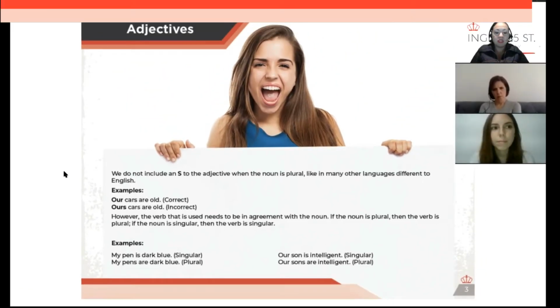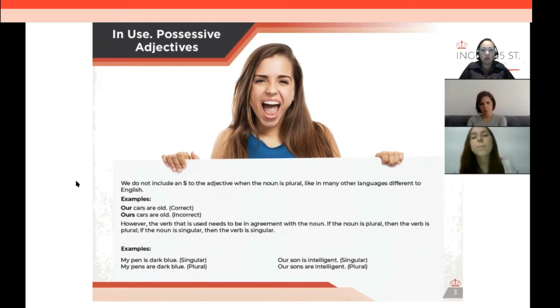Excellent. Okay, sometimes, in Spanish, we use the possessive in plural. So it can be kind of confusing because we do say nuestros hijos, okay? But in English, it's not necessary to say ours children, or ours cars. We don't do that.